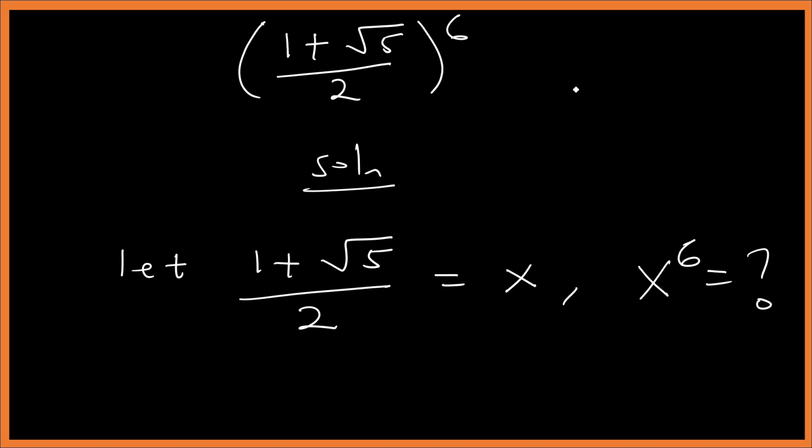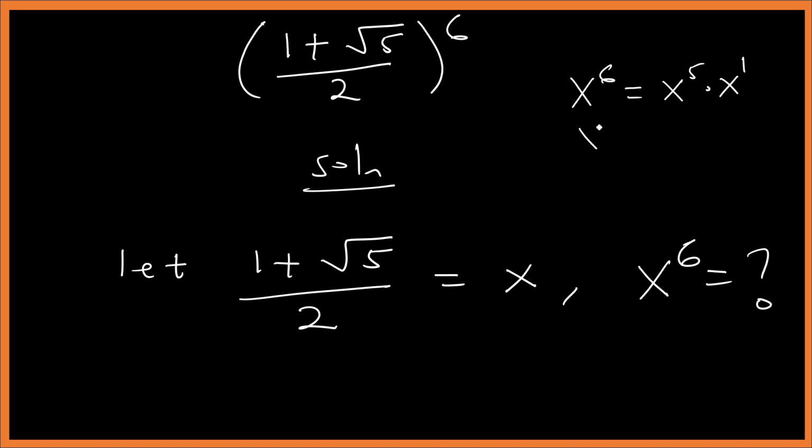Now we are going to combine some terms here. x to the power 6 can be written as x to the power 5 times x to the power 1.